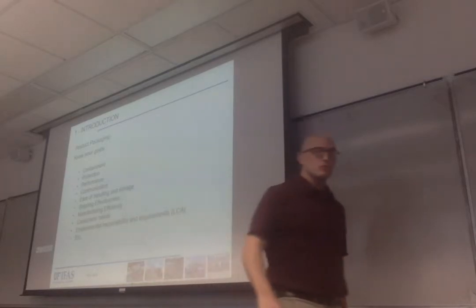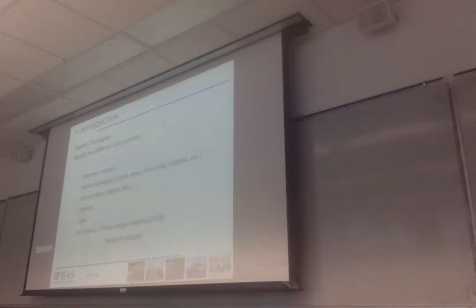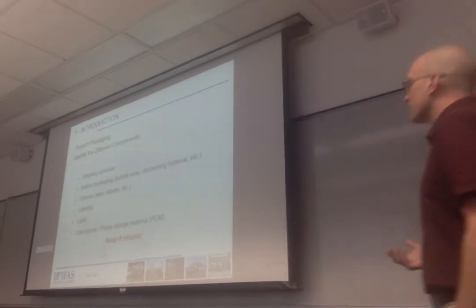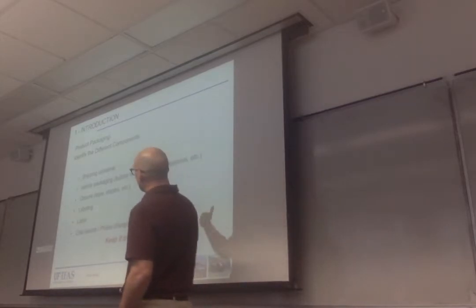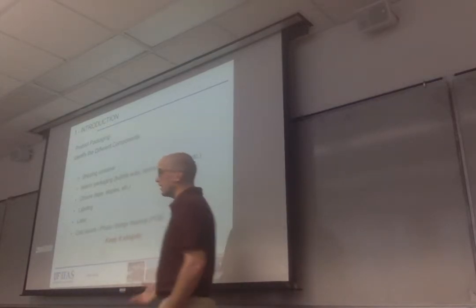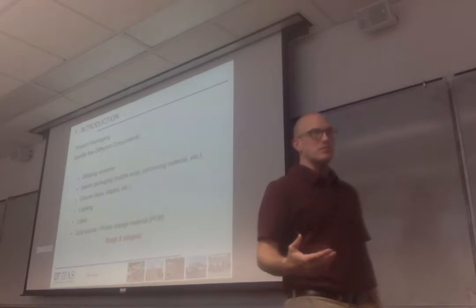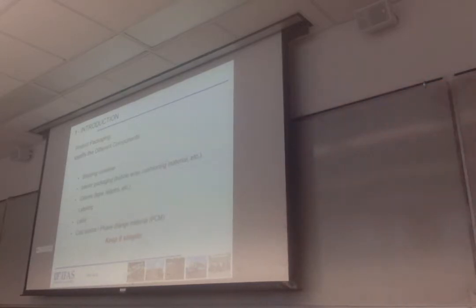Obviously, I guess we can go through this, but in product packaging, it's also important to identify different components. Obviously, as we will see, the shipping container itself, its design, its size, and all the interior packaging. So it depends as well.